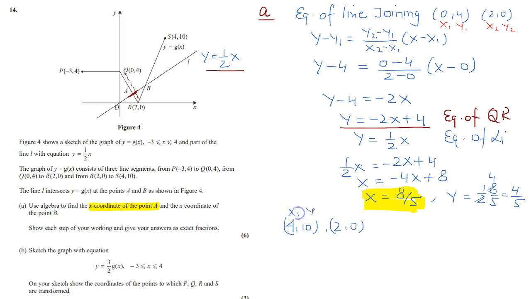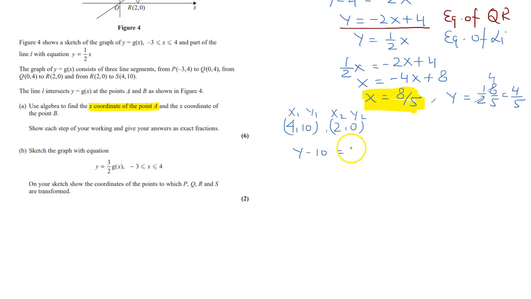So it is x1, y1, x2, y2. y minus y1 is equal to y2 minus y1 over x2 minus x1, times x minus x1. So y minus 10 is equal to minus 10 over minus 2, that is 5, times x minus 4. So this is 5x minus 20.